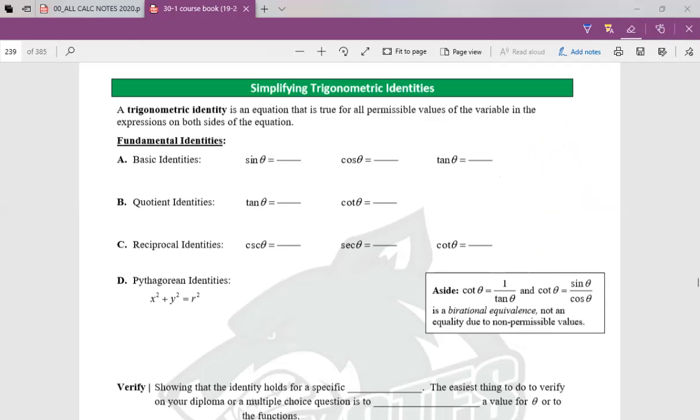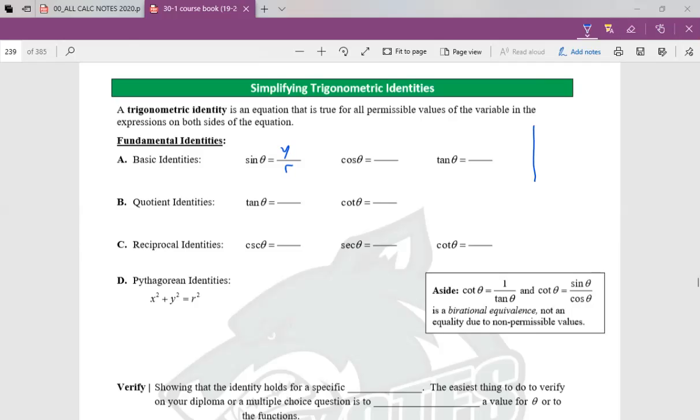We start off with some basic identities and fundamental identities in trigonometry. And some of these are essentially your definition of what sine is. And in grade 10, we saw that sine theta was equal to opposite over hypotenuse. By the time we got to grade 11, and we started doing this on a Cartesian plane with coordinates, we call this sine theta is equal to y over r.